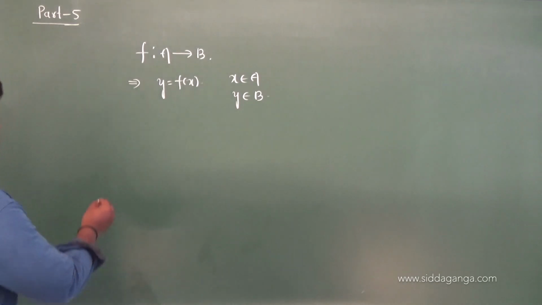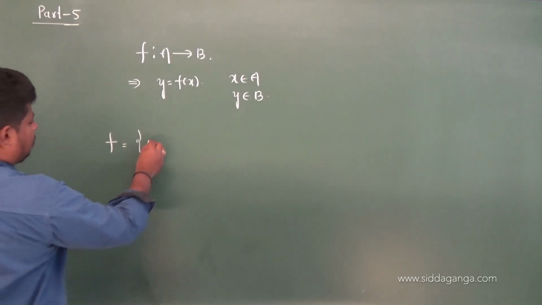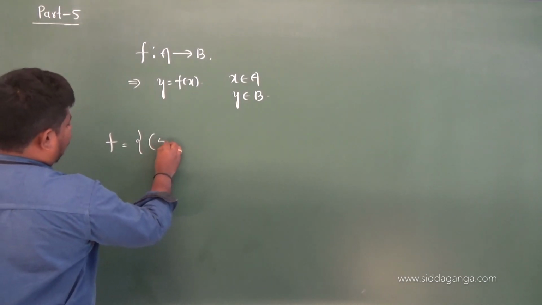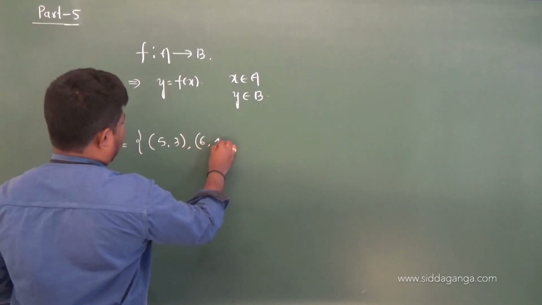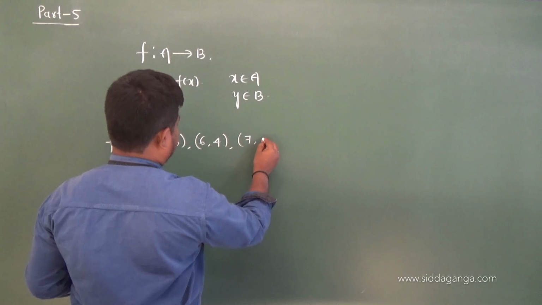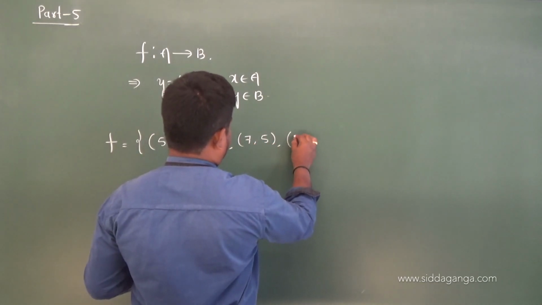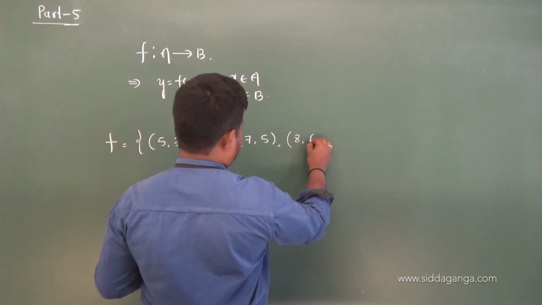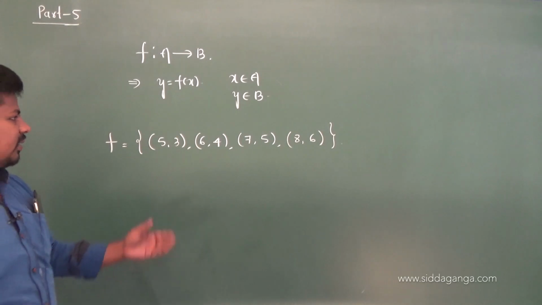For example, a function f is given by (5, 3), (6, 4), (7, 5), (8, 6). Let me take this as a function.